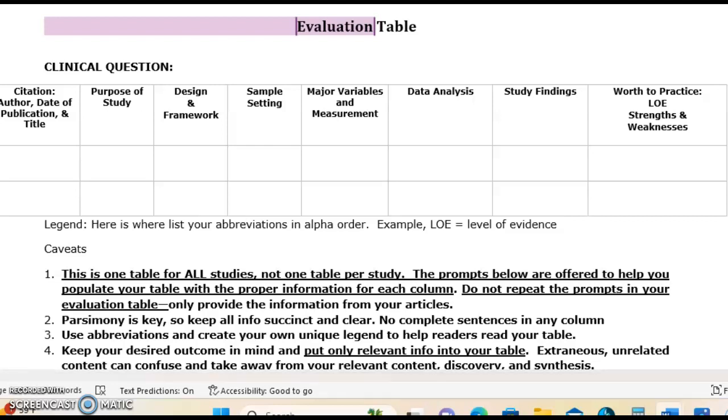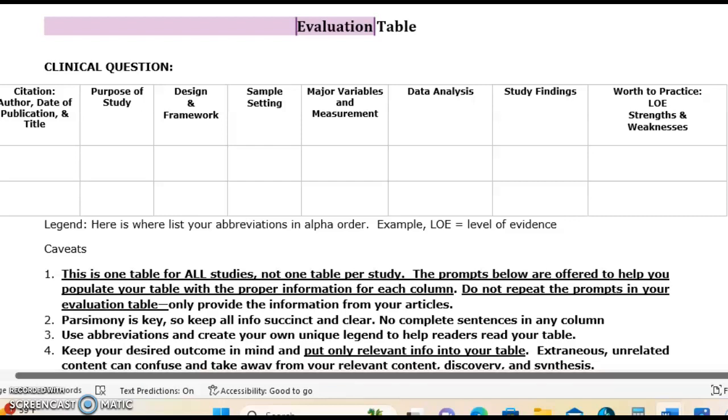Across the matrix, I would recommend you include the sample size. You might also find it beneficial to include sample characteristics. I would encourage you to record the level of evidence and strengths and weaknesses. Your analysis will help determine whether or not you want to include the particular article in your review.